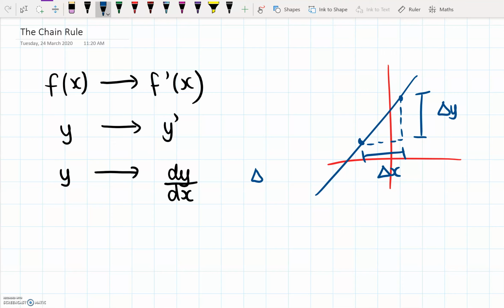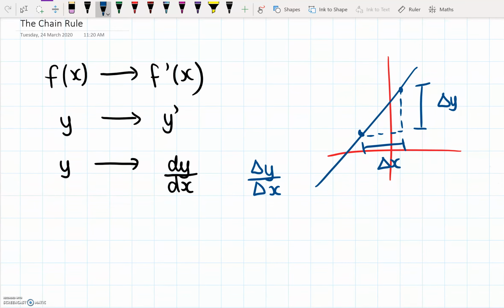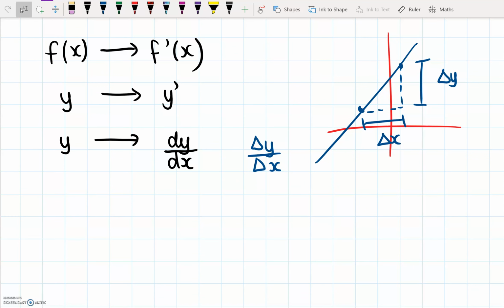We would say slope is delta y over delta x. Now we use dy/dx in place of delta because we're not actually looking at the slope of the line consistently. We're looking at a slope function. So this is the notation I'm going to use today just to show you how the chain rule works.